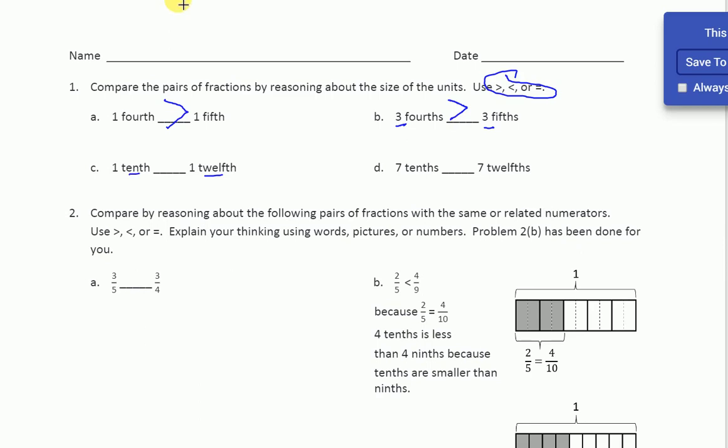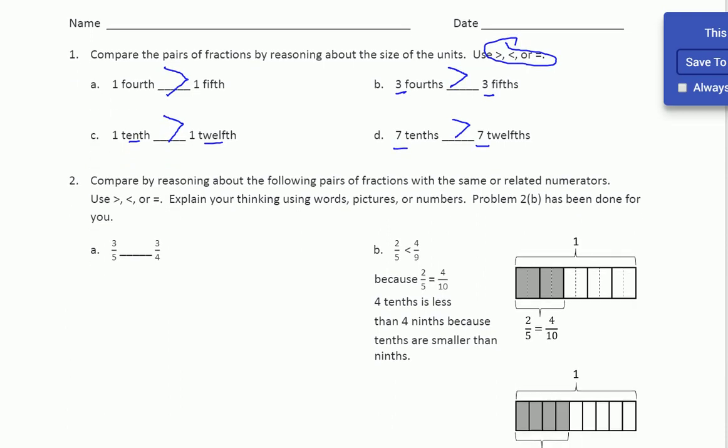So 1/10 is going to be bigger. And remember, when we get to D, 7/10, well, the sizes of the pieces haven't changed, so there's still tenths are bigger than 12ths. There's just 7 of them, so that's going to be bigger. So that's sort of just getting you all warmed up, and ready to go.